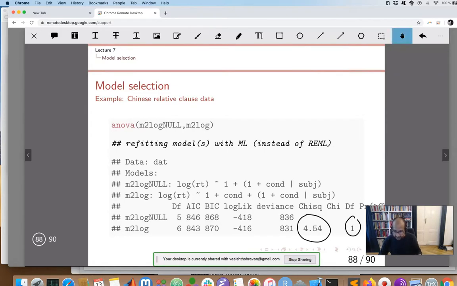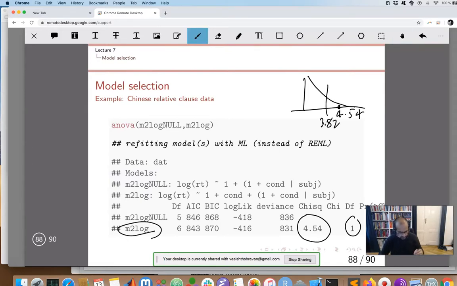This again allows me to reject the null hypothesis that there's no difference, because the critical point is 3.82, and we are at 4.54, which is inside the rejection region. Therefore, I would adopt this model and conclude that there is an effect of relative clause.